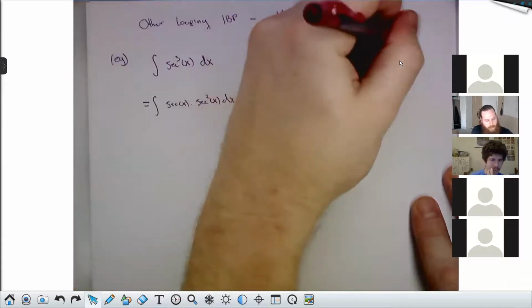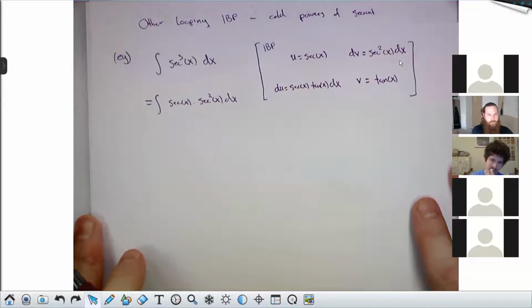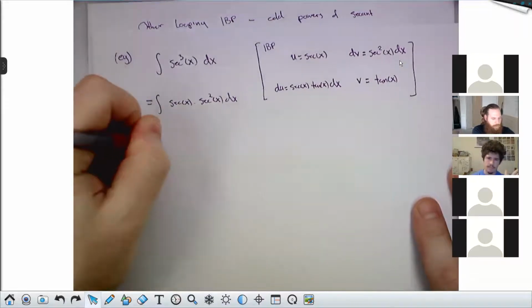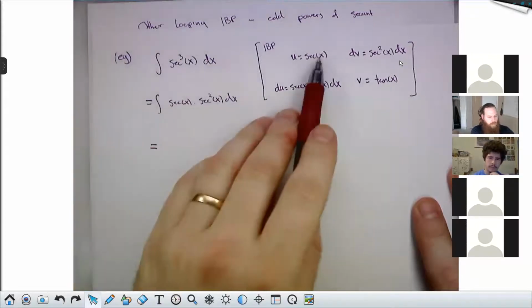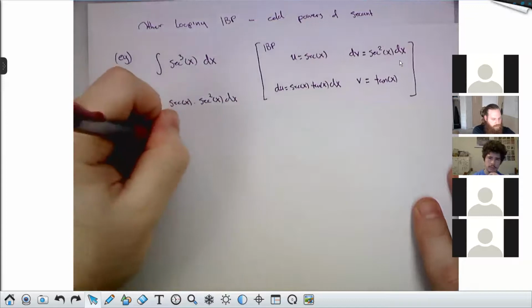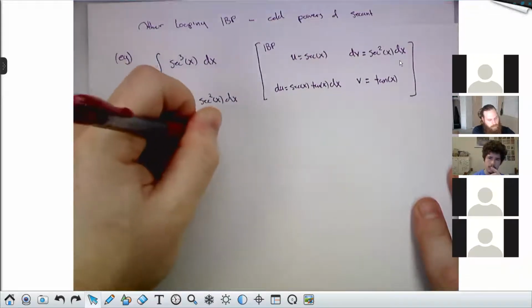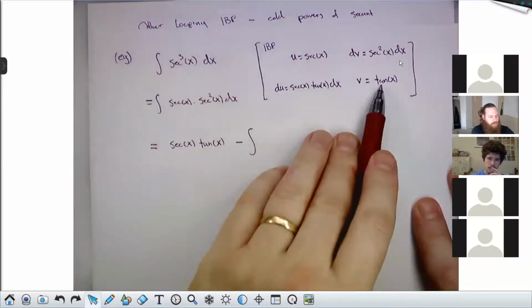So here's my little IBP table. And according to the integration by parts formula, the integral of u times dv should be u times v, so secant x tangent x, minus the integral of v times du.